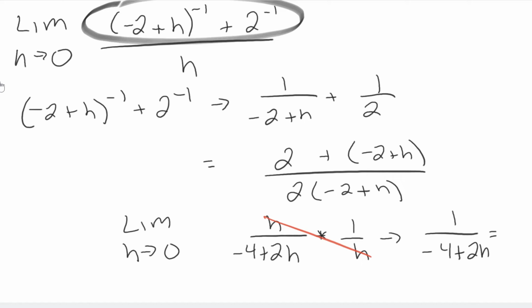If I plug in the 0 to that, I get 1 over negative 4. And that's the answer. Like I said, the problem most people had was dealing with the negative exponents and what to do when you get that.